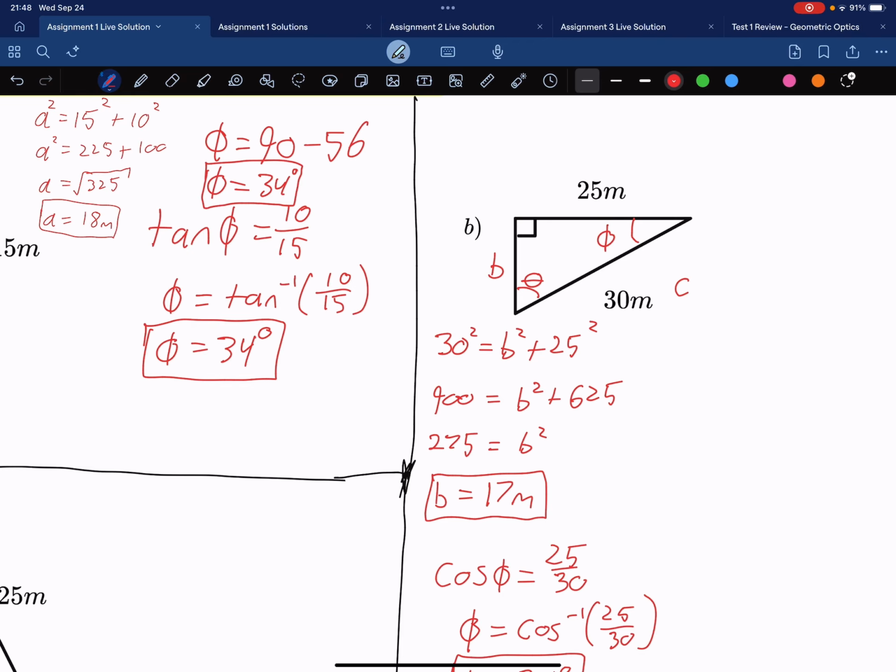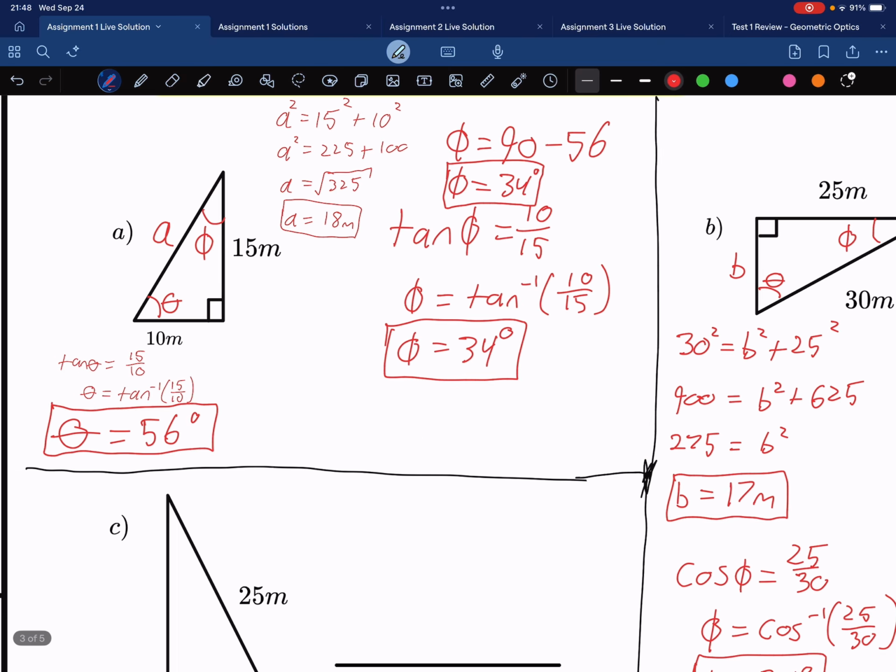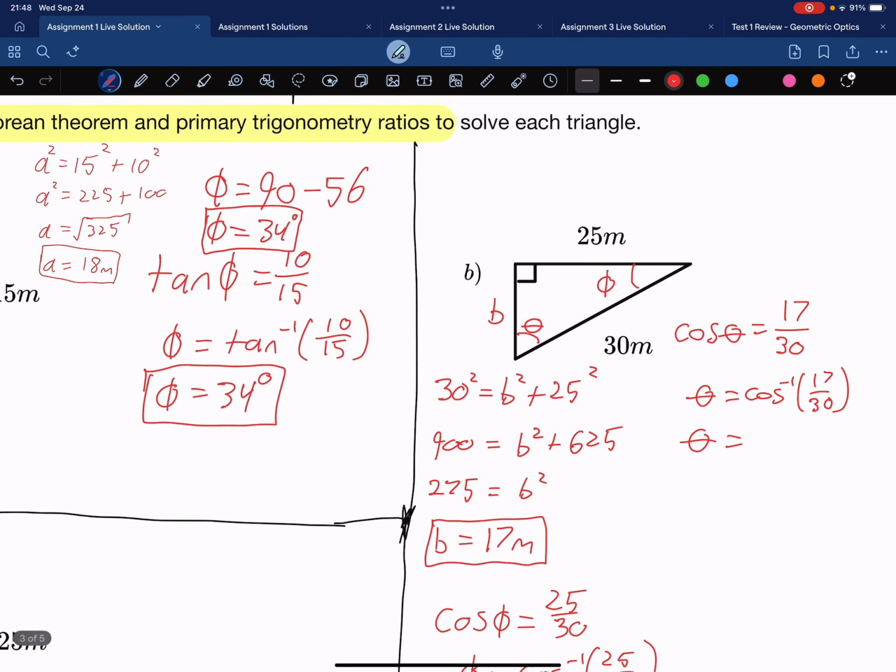Okay, so cosine of theta equals our adjacent side here, which is the 17 that we just calculated, over the hypotenuse, which is 30. Again, take the inverse cosine of both sides, 17 over 30. And that should give us the same angle we got on the other side, which is 56.